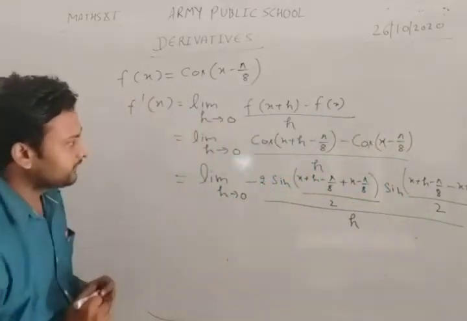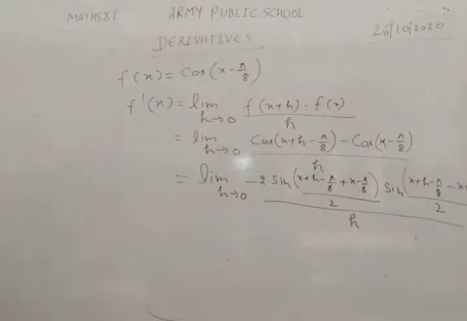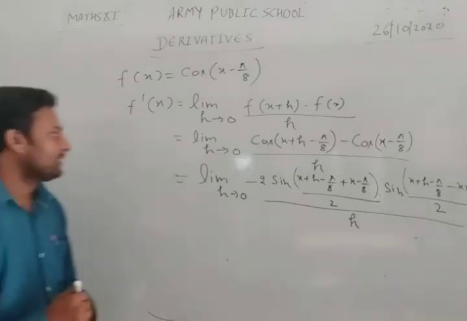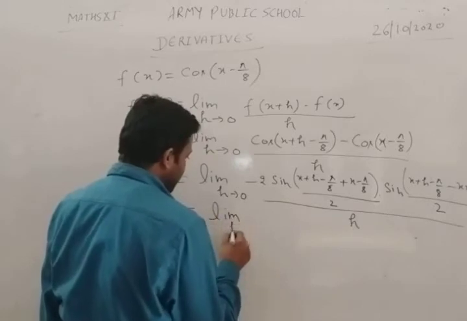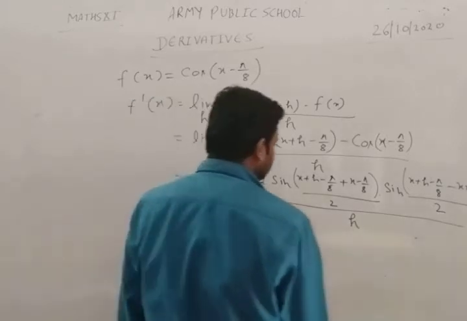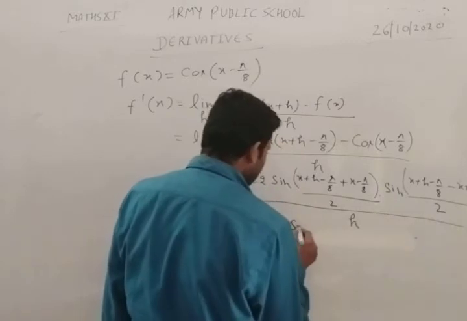So what we get, now we will solve it and we get limit x tends to 0 of minus 2 sine.